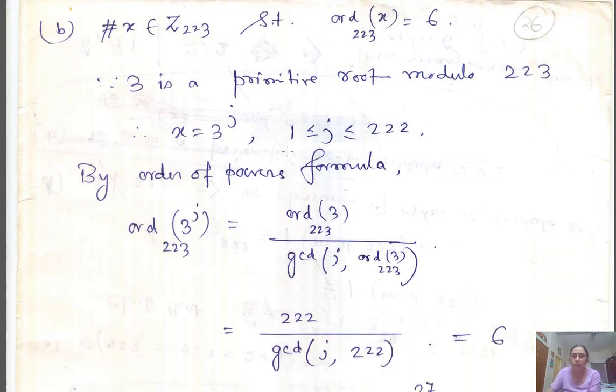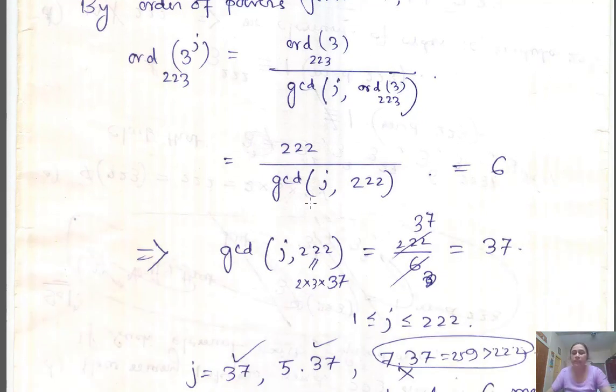I have to find for how many values of j in this range this relation holds, meaning the left hand side is 6. The order of 3 is 222, since 3 is the primitive element. So from here we get GCD of j and 222 is 222 divided by 6, that means 37.